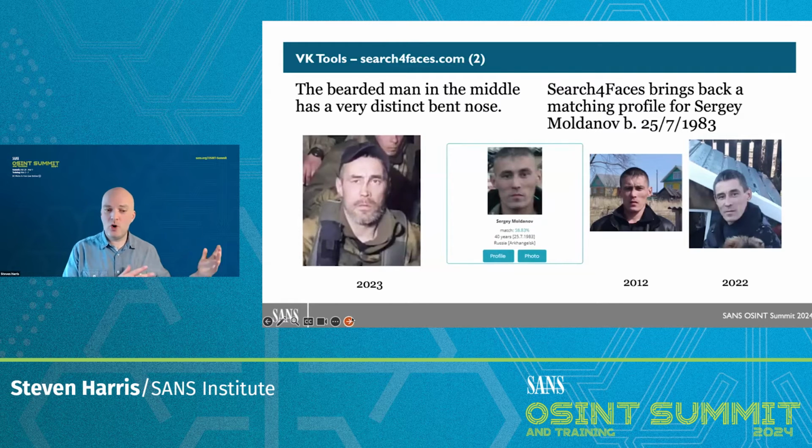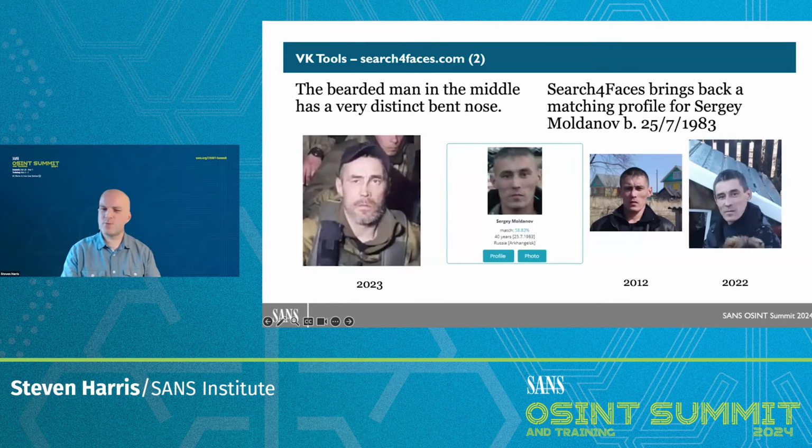And it brings back all his social media that it can identify. And we can go literally from Search for Faces to his VK profile. And sure enough, the matching photo is actually 11 or 12 years old, but it still worked. The photo you can see here on the right is a much more recent one taken in 2022. You see the impact that conflict had on him.